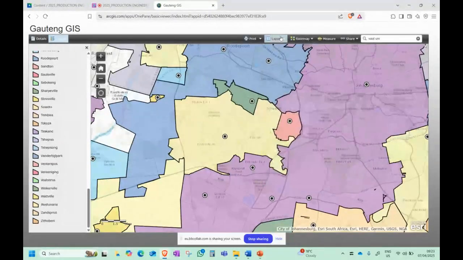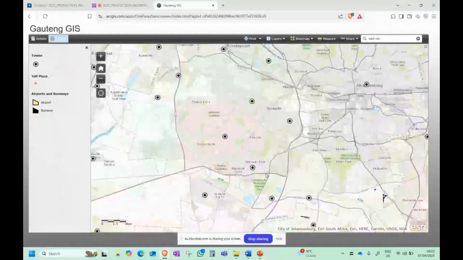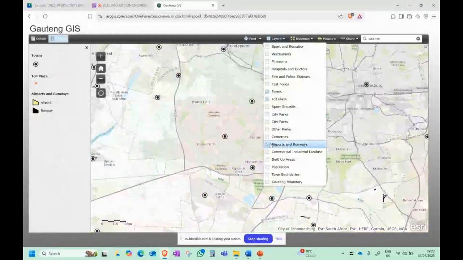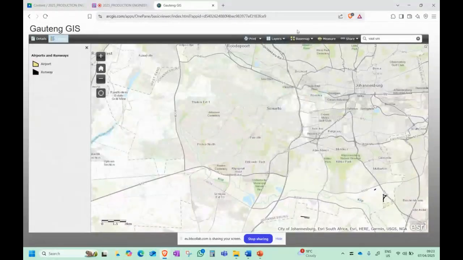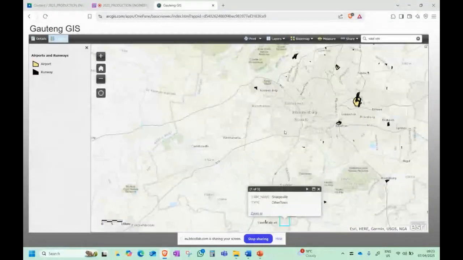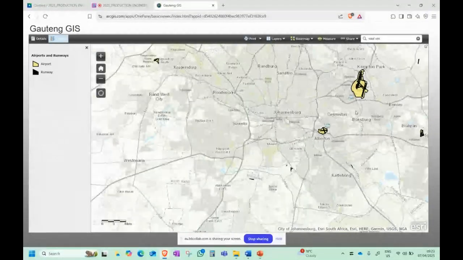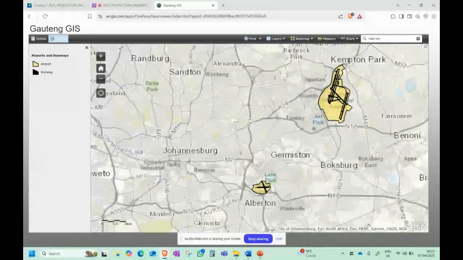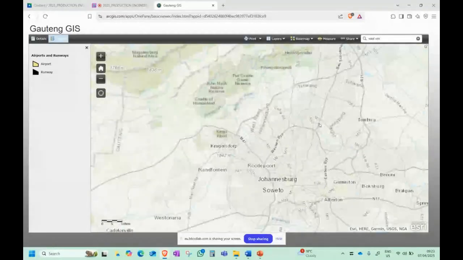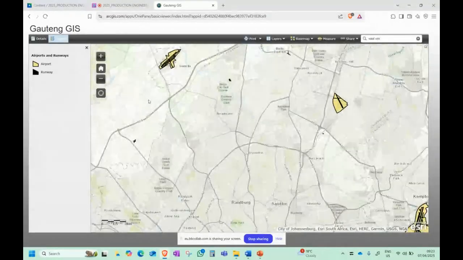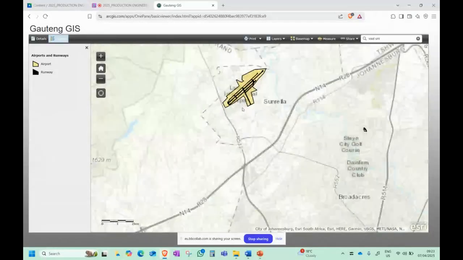You see now the boundaries, now you choose. If you wanted to say I want to see airports only, you would do the airports. Where are your airports here? I believe this is an airport, the one in Alberton. This is OR Tambo. There's another airport here. There's another one here.